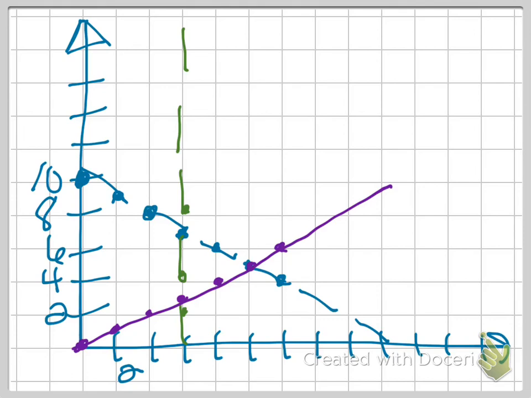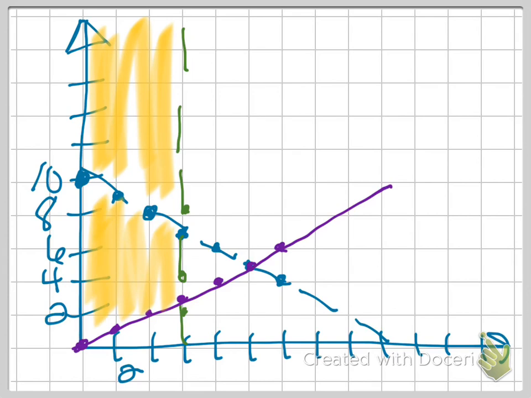Okay, now let's start shading. I'm going to start with the vertical line because that one's easy. It was F is less than 6. What side of the vertical line am I going to shade? The left. Very good. I'm going to shade the left over here, trying to make it a little bit neat and not cover up all my lines. Okay, so there's that one.